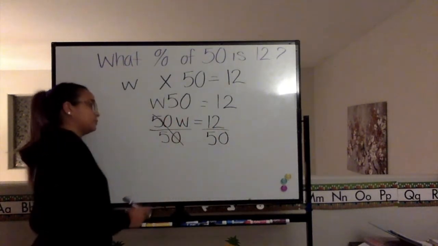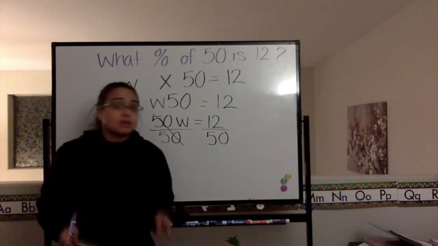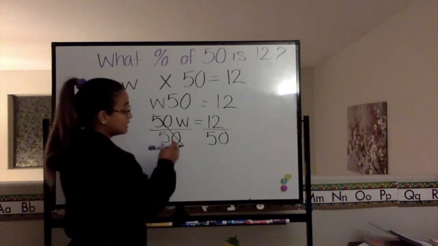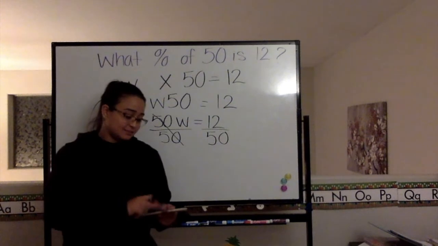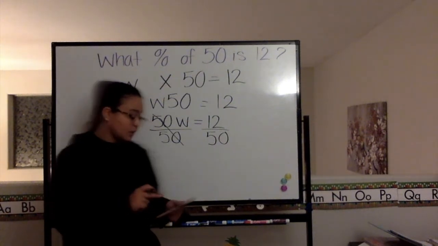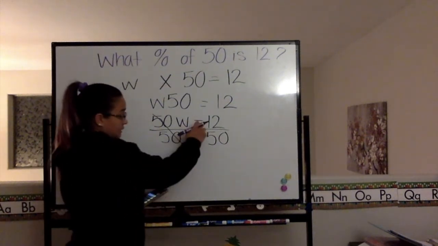Cancels out. Now we're going to figure out what the percent is. This is the part where you pull out your calculators. So in our calculator, we're going to divide 12 by 50.